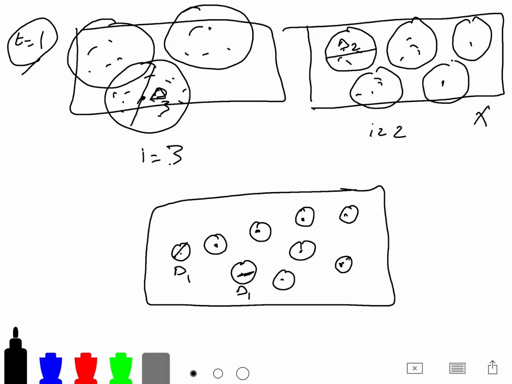So t equal to 1 generates the three partitions. And t equal to 1 makes an induced graph by only one ball. So we have something and we induce it.